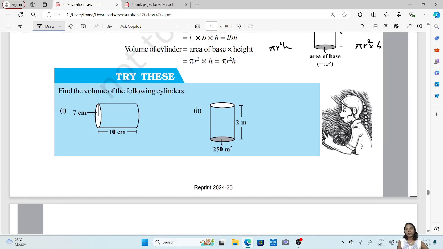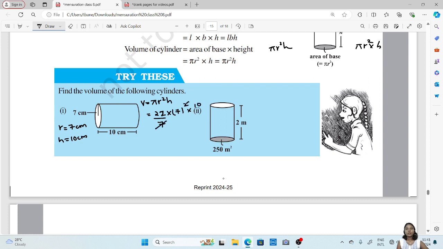Now look at this one. Find the volume of the following cylinder. Here we know volume is pi r square h. R over here is 7 and h is 10 centimeter. So pi, if we take 22 upon 7, into r square, into 10.